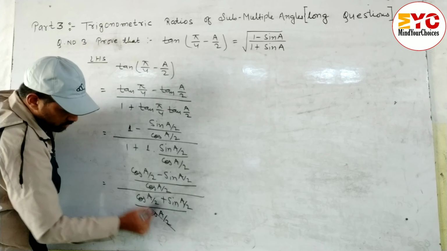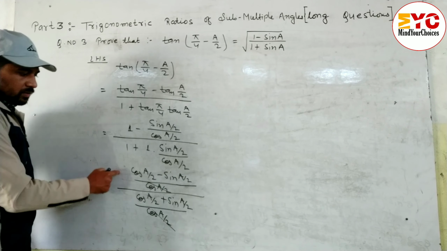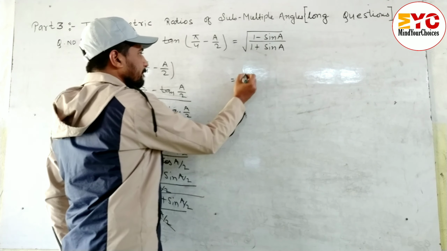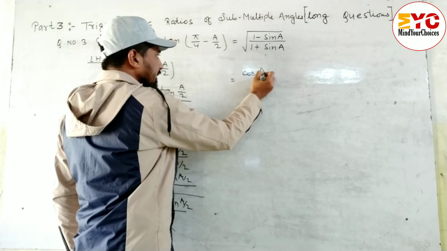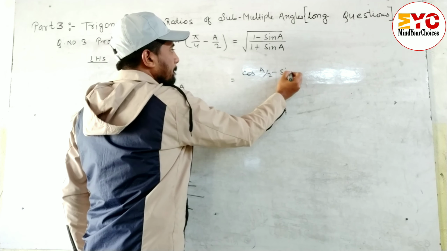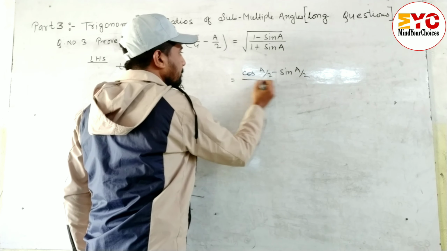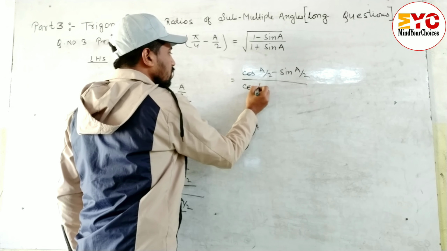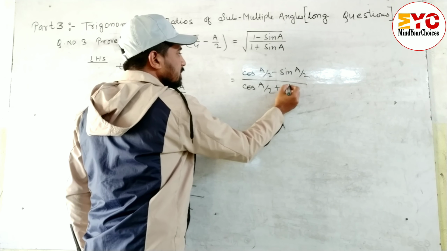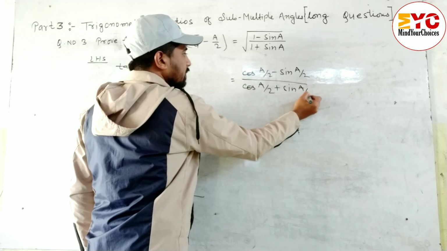Now cos A/2 and cos A/2 cancel in the denominator. What is remaining here? (cos A/2 − sin A/2) by (cos A/2 + sin A/2).